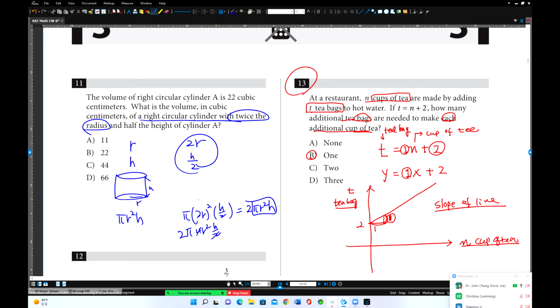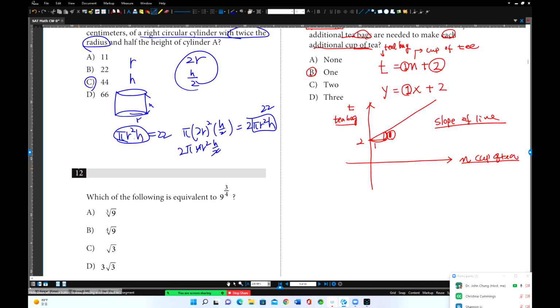From here we can compare, right? This volume is what? Twice this one. This volume equals, given by 22. So this is also 22 times 2, about 44. Okay, twice the volume. That is number 11 over there.